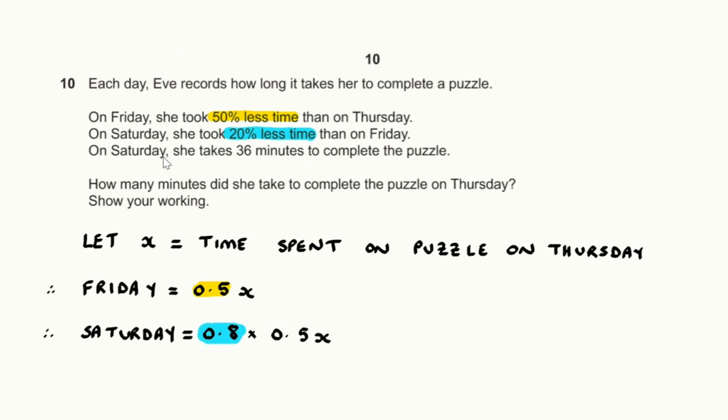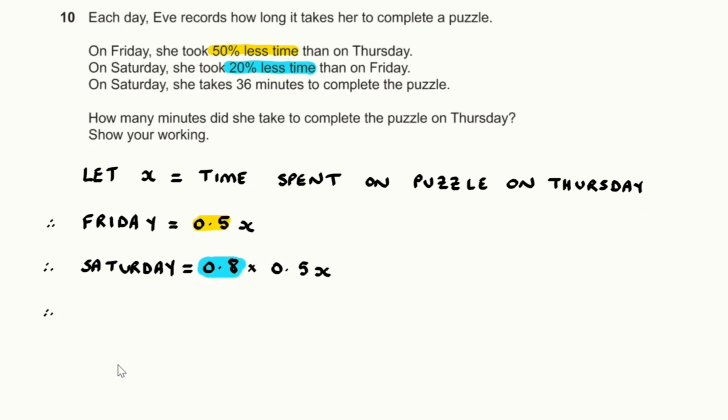And so therefore, if we work all of this out, what we can do is recognize that the time here, the 0.8 times 0.5x, is equal to 36.